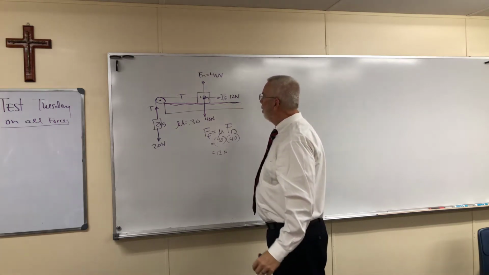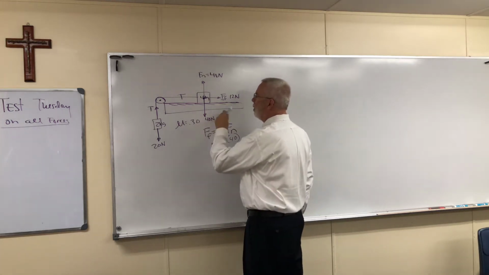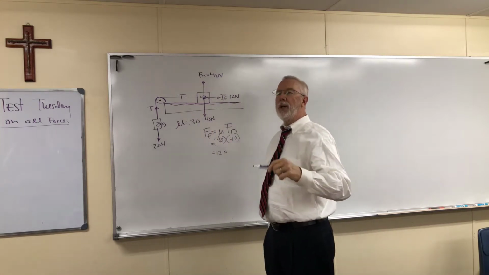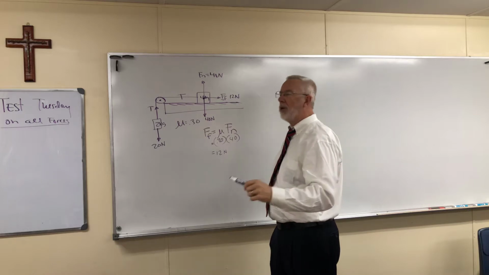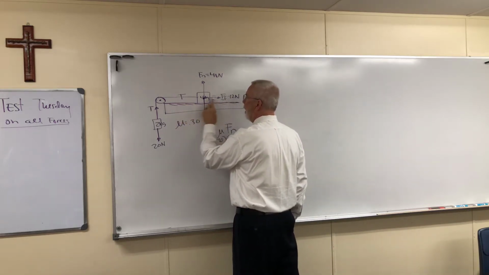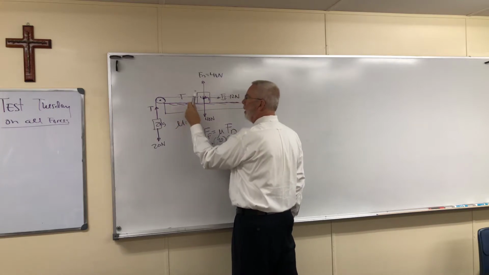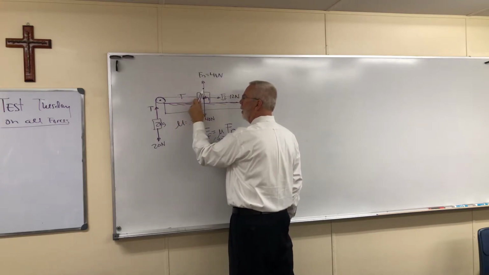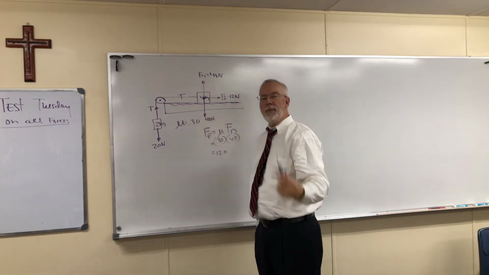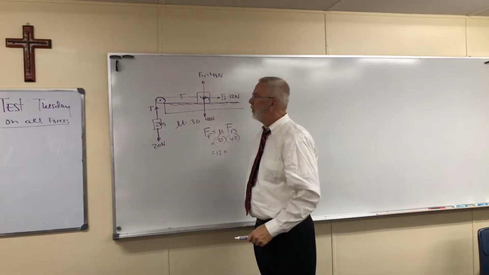Now, we've got to remember that the forces in this problem have to be according to the direction of the motion. And the only forces acting in the direction of the motion are going to be the tension over here pulling the block to the left, and the frictional force, which is trying to prevent the block from moving to the left.